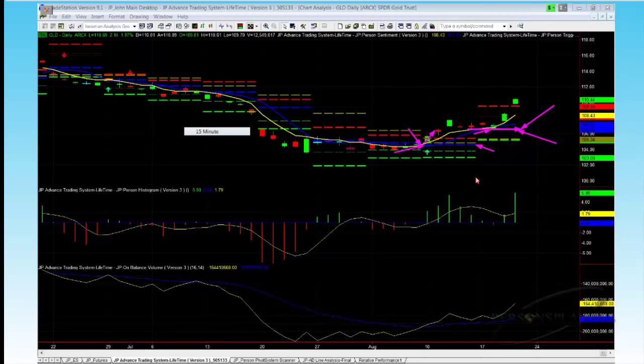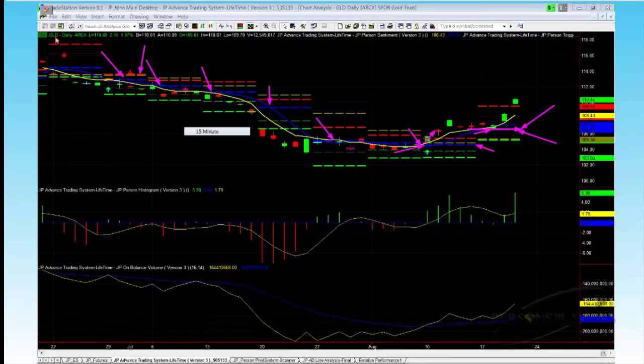The inverse is true. In an extremely bearish market condition, the blue line, not the red, but the blue line will be the extreme, or at least the resistance, for that time frame.